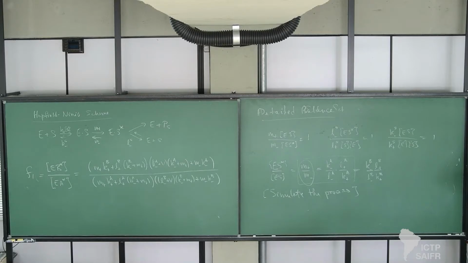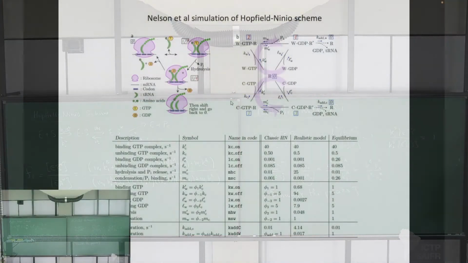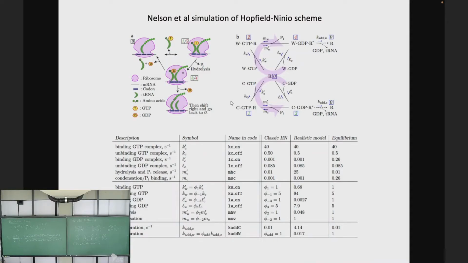And you have the total rate for this to happen is the sum of the rate to bind A and the rate to bind B. So instead of actually advancing the time microscopic step by microscopic step, you say the time that has to elapse before you bind something is exponentially distributed.